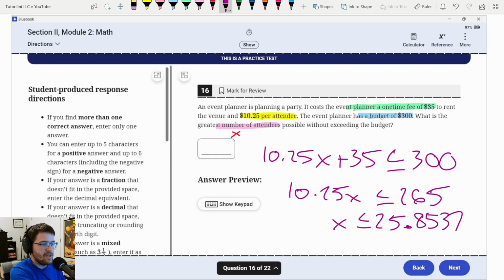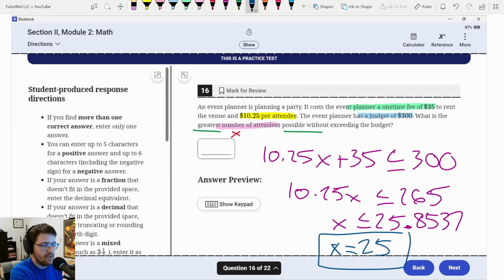And now the question says, what is the greatest number possible? So lots of people would round up and they would say 26. But 26 is not less than or equal to 25.8, so that doesn't work. We can't have 25.8537 of a person. So we're going to make it the next smaller integer. So we're going to make x 25. So the answer is 25.